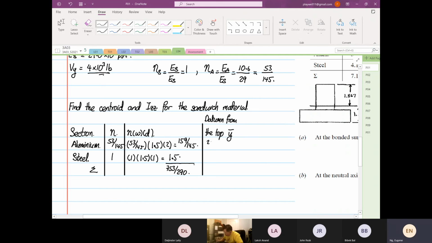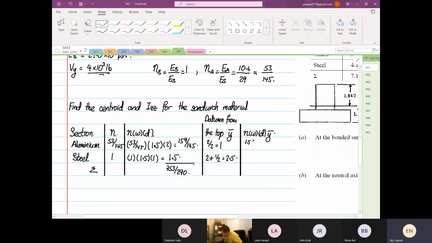So for aluminum this is equal to 2 divided by 2, which is equal to 1. For steel this is 2 plus 1 divided by 2, which is equal to 2.5. And then I'm going to multiply them in our last column, N times area times y bar.